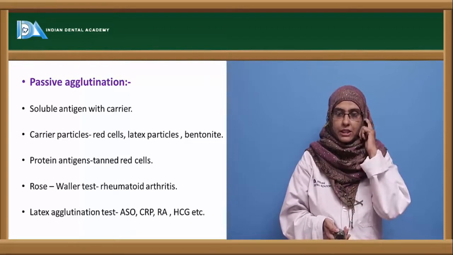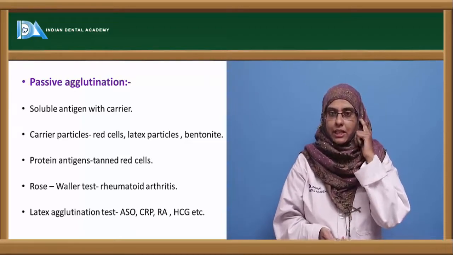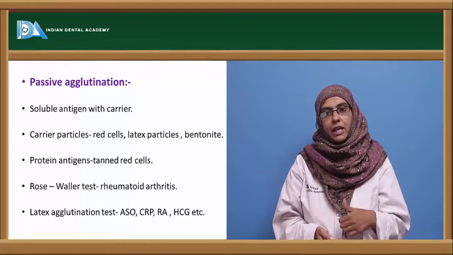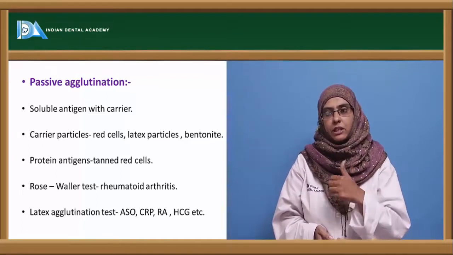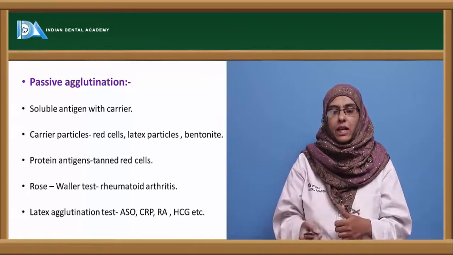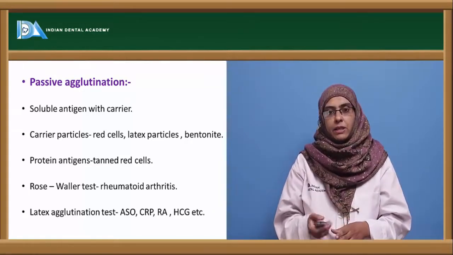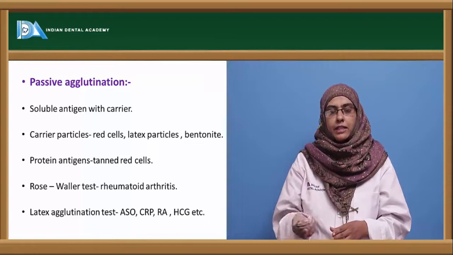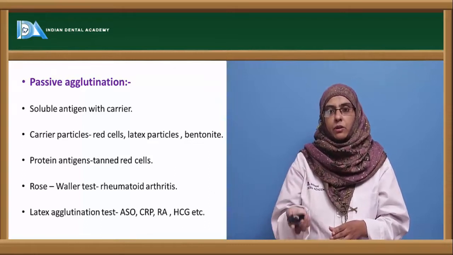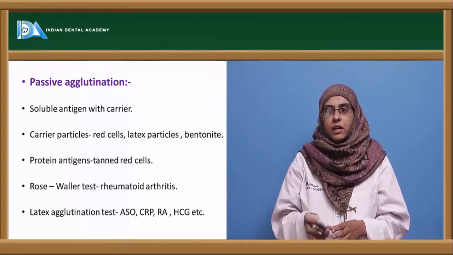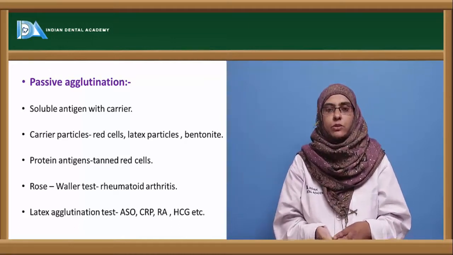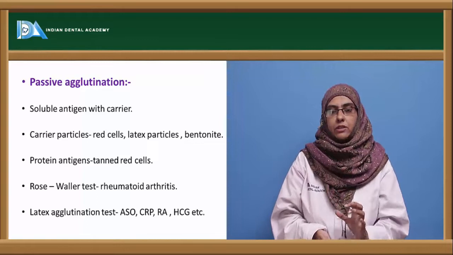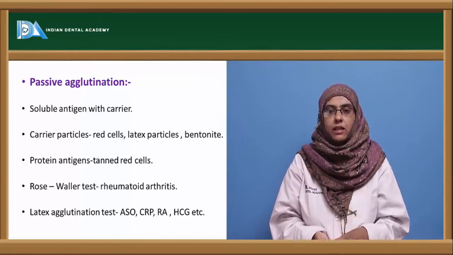Polysaccharide antigens can be used directly, whereas protein antigens have to be mixed with tanned red cells. The best example of identifying the antigen or antibody by passive agglutination is the Rose-Waaler test. Here the Rose-Waaler test is mostly used to identify the RA factor, which is usually involved in rheumatoid arthritis.